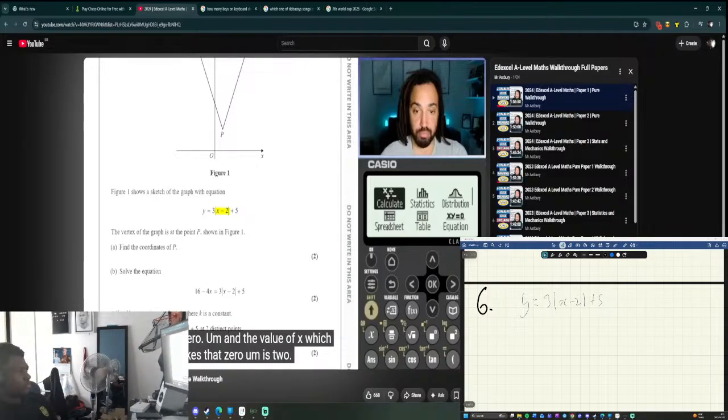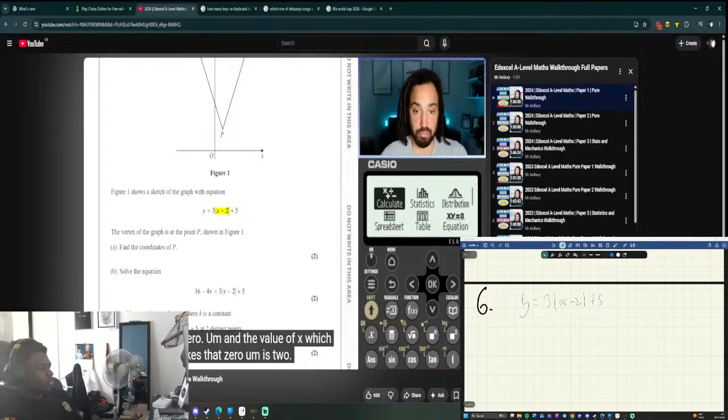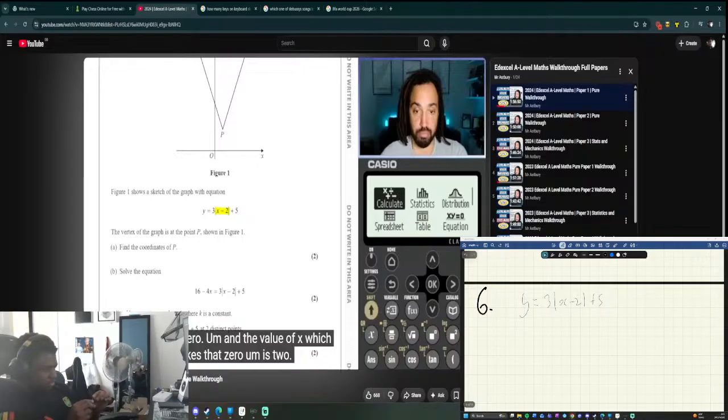Broski. So, when the modulus is the smallest, it's a minimum point. Right, and then... I don't understand. I don't understand, man.